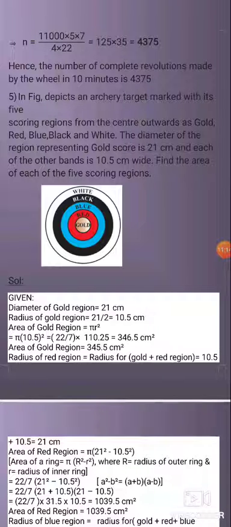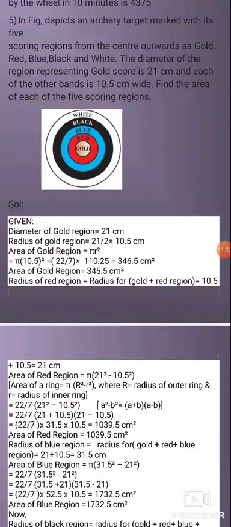So 22 by 7 into 21 plus 10.5, 21 minus 10.5. So 22 by 7 into 31.5 into 10.5. At last, 1039.5 centimeter square is the answer. Now the area of the red region only we needed to find out.